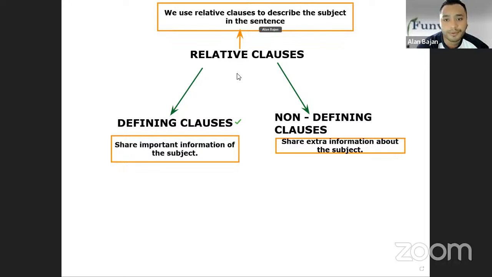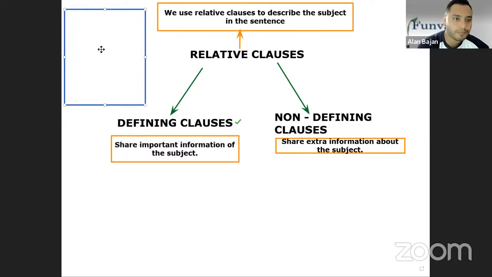What are the relative pronouns then? I have who for people. I have which for objects.